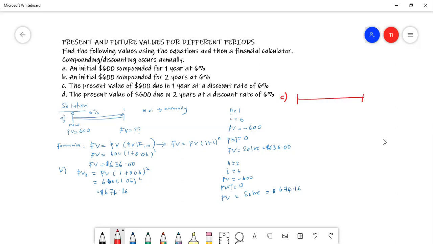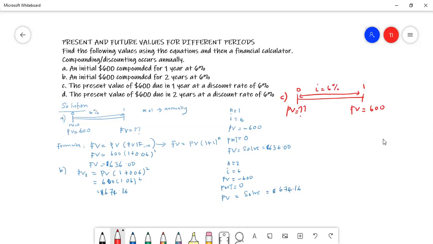So on the timeline, you want to find the unknown at year 0, which is classified as present value. You have the figure for future value, which is equivalent to 600. The I during the holding period is equal to 6%.